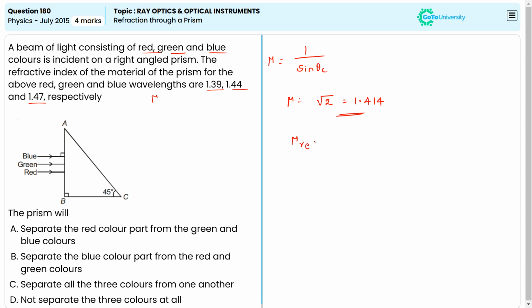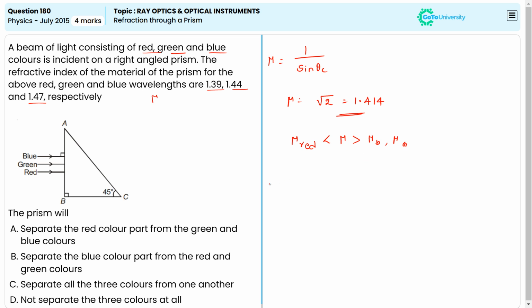So mu of red is less than mu, and mu of green and mu of blue are greater. Since the refractive indices of the green and blue light are greater than 1.414, they will undergo total internal reflection. Only the red color will not undergo total internal reflection.